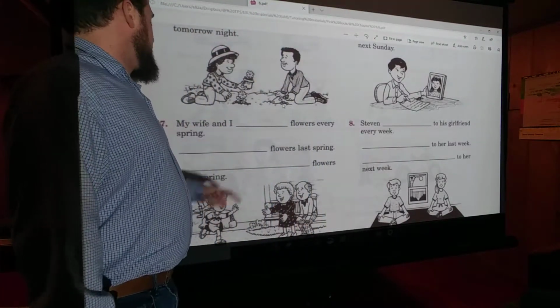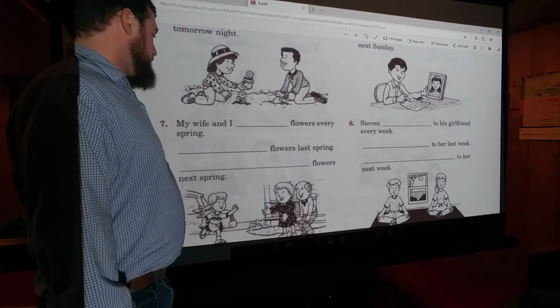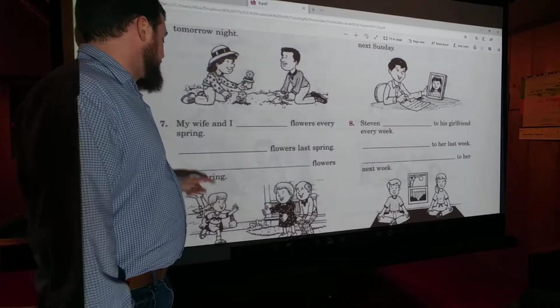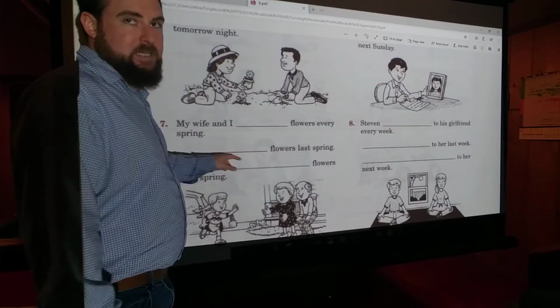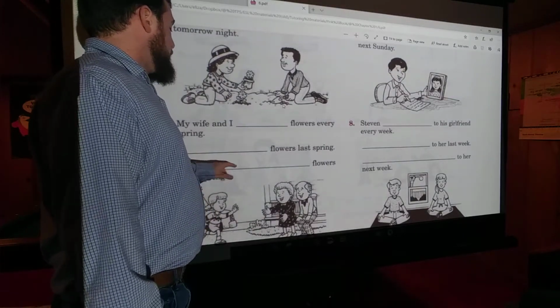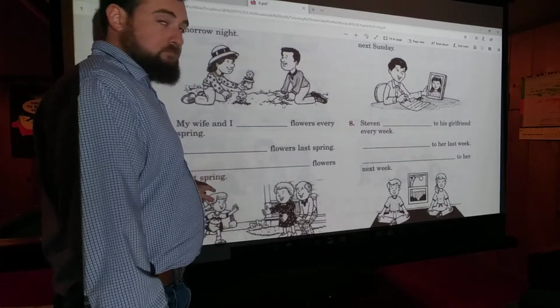My wife and I plant flowers every spring. We planted flowers last spring. P-L-A-N-T-E-D. Planted. We're going to plant flowers next spring. Okay.